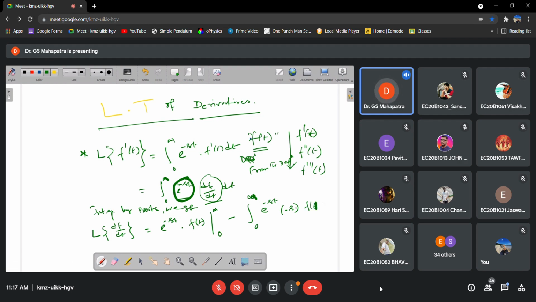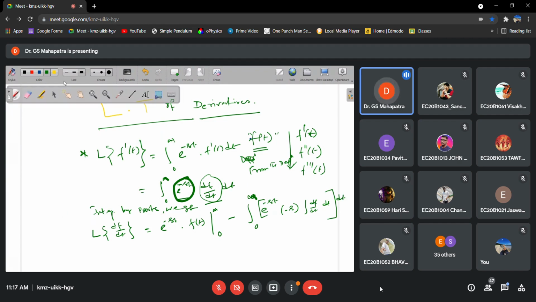So if I write it again, the answer is like that, with the integral of f of t dt.